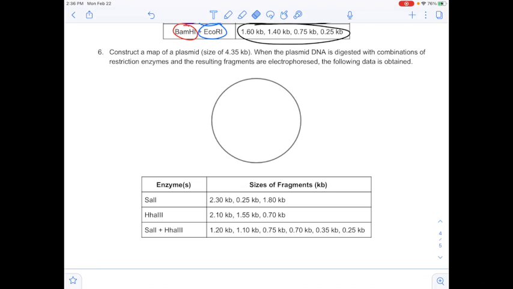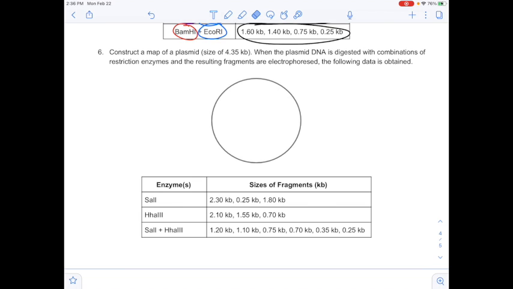Okay, the last question, number 6. This one actually I probably should have made 5 because this one seems easier than 5. 5 was really difficult for me. So we're only dealing with 2 enzymes, which is kind of nice. But each enzyme cuts, I think, 3 times.